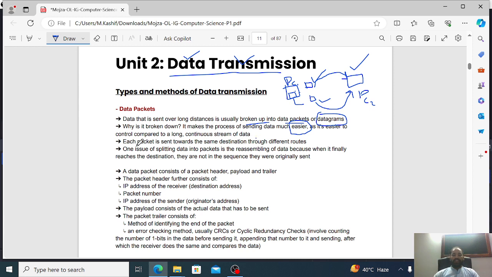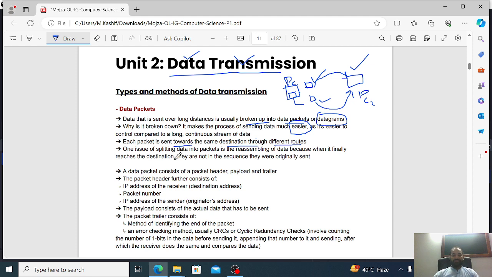Okay, now we are going to study the packet in detail. Each packet is sent toward the same destination through a different route. Route means the path through which a data packet is moving from one device to another device.